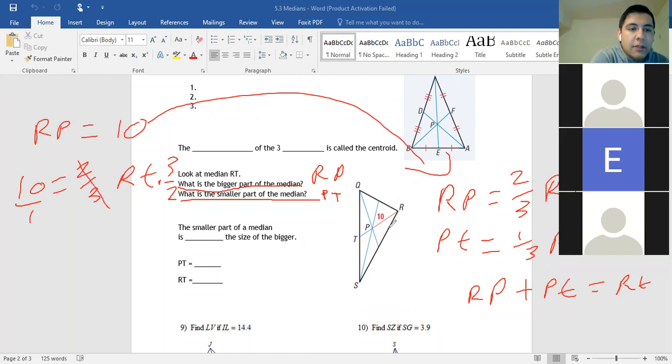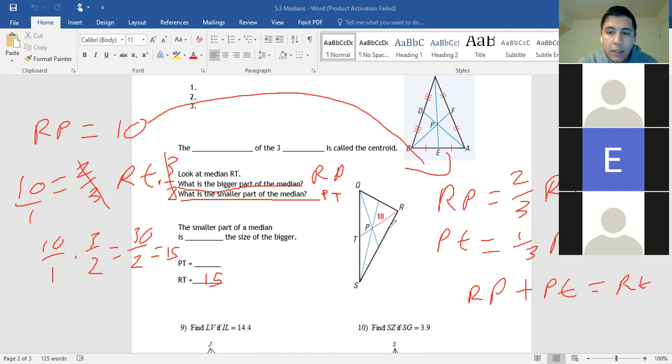So we're canceling out 2/3, and then we're going to multiply 10 over 1 times 3/2. So it should be 10 times 3, which is 30, and 2 times 1, which is 2. 30 divided by 2 is 15. So the entire thing is equal to 15.